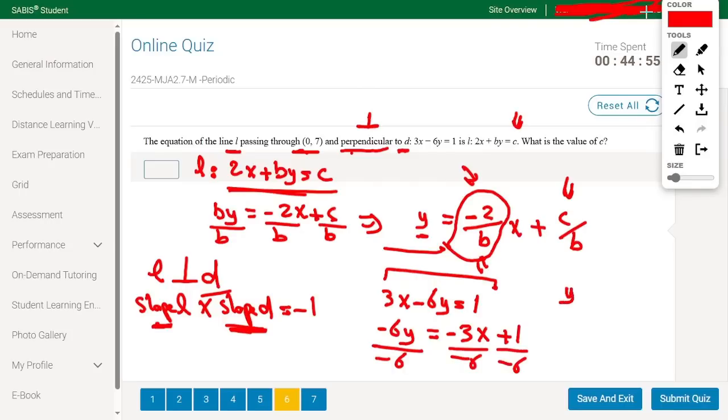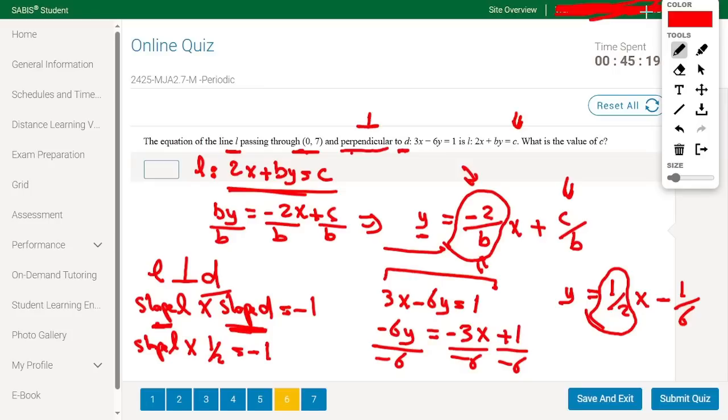So I'll get that y equals 1 over 2 x minus 1 over 6, right? Now the slope of the line D is 1 over 2. So here I'll say that the slope of L multiplied by 1 over 2 equals minus 1. So directly the slope of L will be equal to minus 2, because minus 2 multiplied by 1 over 2 is minus 1.